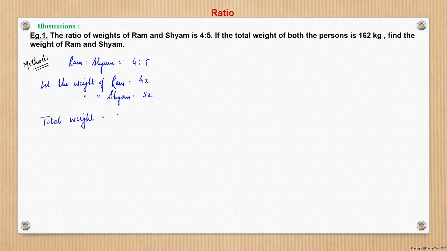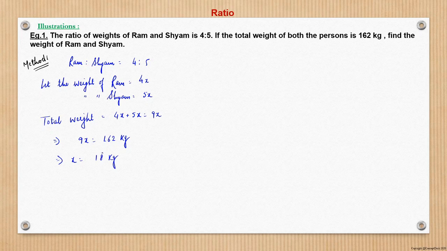Total weight would be 4x plus 5x, which is 9x. I can write this as 9x is equal to 162 kg, since the total weight is given as 162 kg. So from here I can calculate x as 18 kg.